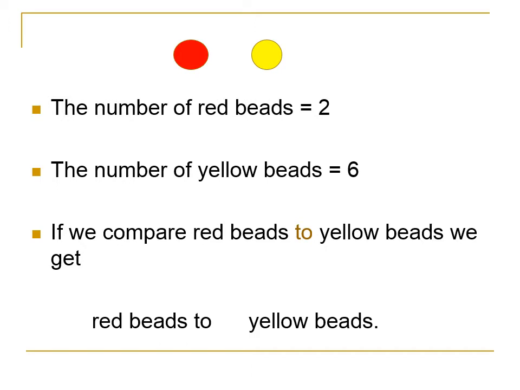If we compare red beads to yellow beads, we get how much? Yes, we have 2 red beads to 6 yellow beads. So now we are making a comparison between the red beads and the yellow beads.